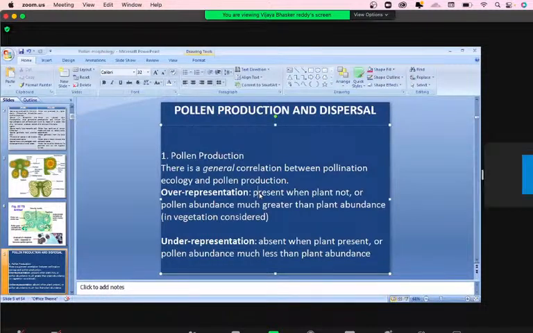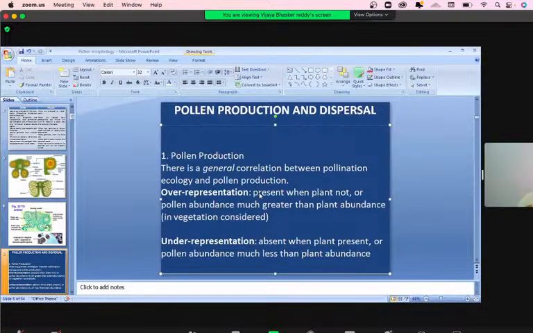Pollen production and dispersal. This is also another important aspect where each plant tries to produce a huge amount of pollen because of the vectors which take the pollen for pollination and the pollen reach onto the stigmatic surface.